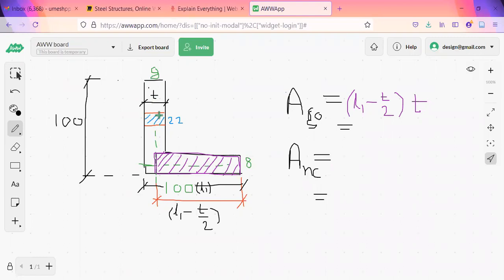It means find the total area of the connected leg minus the area of the hole. You will get the net area ANC. So observe what I am doing here. I will calculate one more distance here. I'll show you that one.